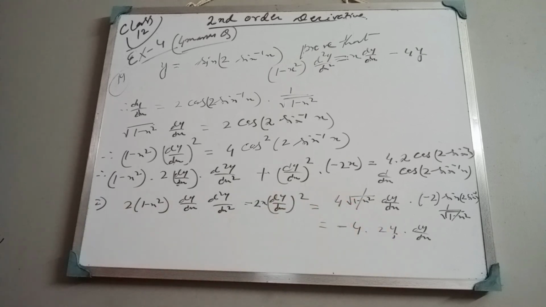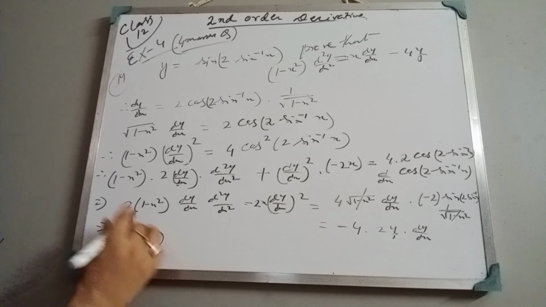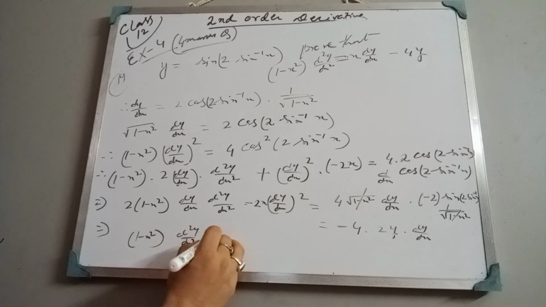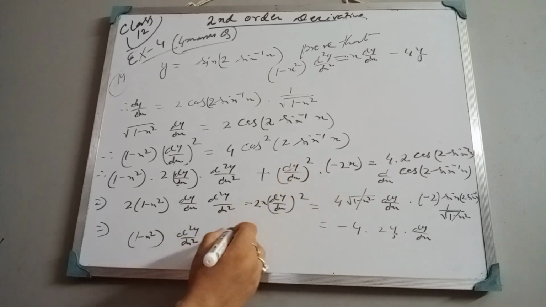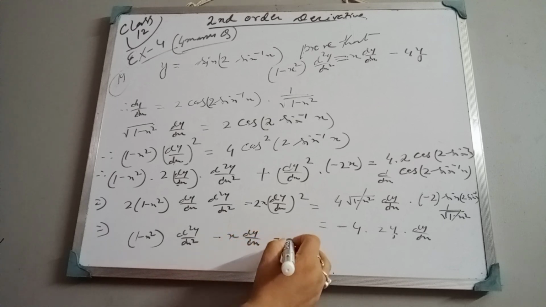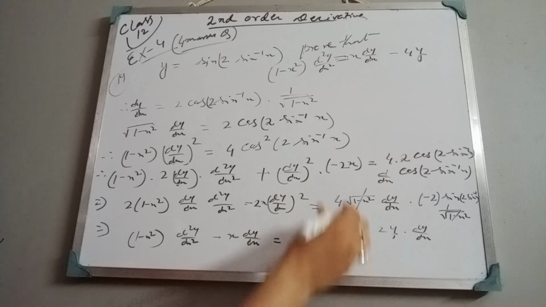Now from both sides we can cancel 2 dy/dx. Then what we will get? 1 minus x squared, 2 cancelled, so we will get only 2 d2y/dx2 minus 2 dy/dx is cancelled, so minus x dy/dx remaining is equal to 2 dy/dx cancelled, so we will get minus 4y only. Check.